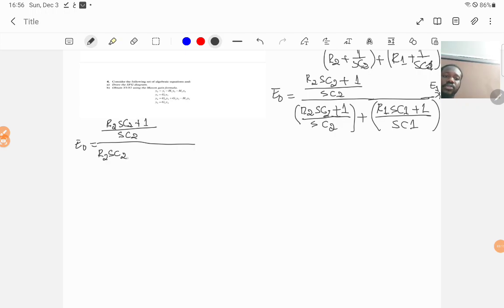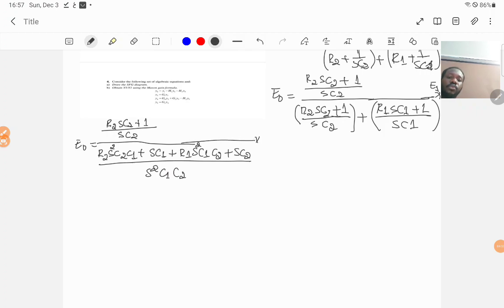R2 SC2 plus 1 over S square C1 C2, plus R1 SC1 plus 1, and all of them over S square C1 C2, without ignoring the En that we have in here.